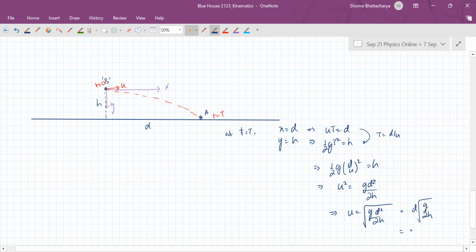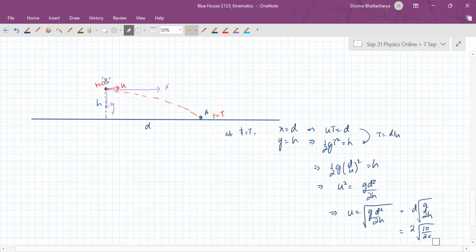So this distance is 2 meters, and the height from which we are projecting is given to us as 19.6 centimeters. So I think it is better to take the value of g as 9.8 in this.